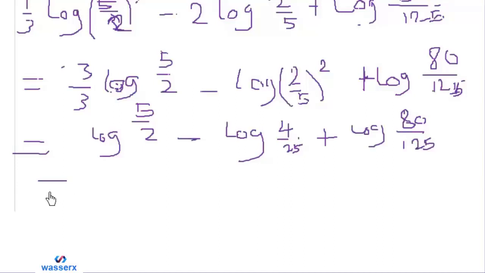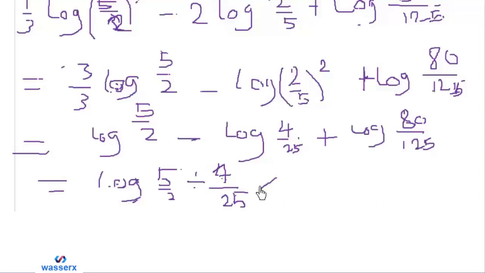Now this and this are subtracting, so we divide. So we are going to get log 5 over 2 divided by 4 over 25, then times 80 over 125.